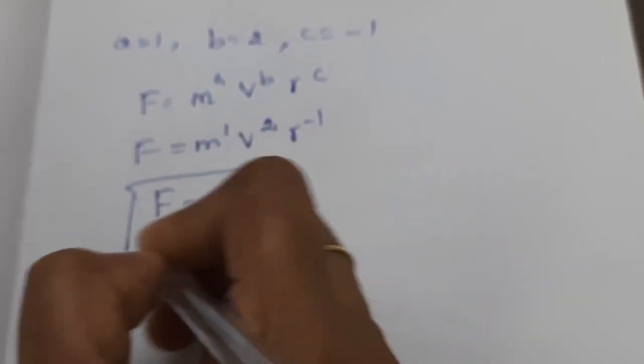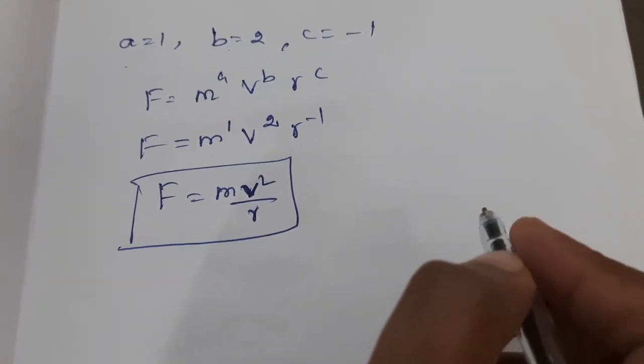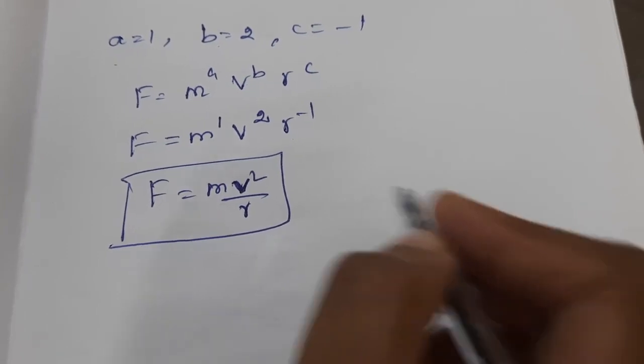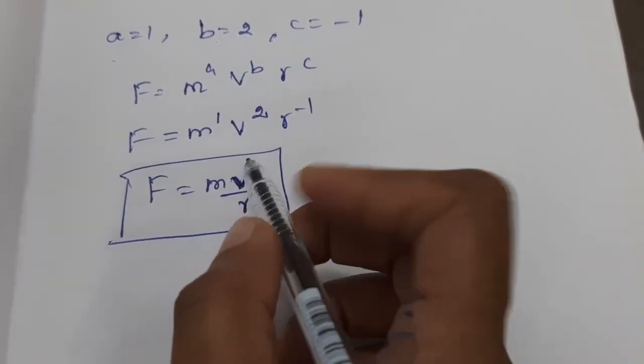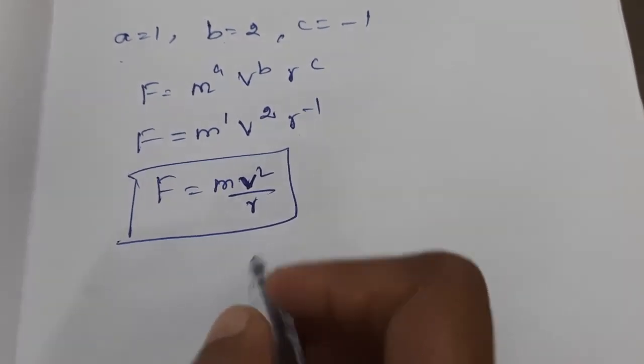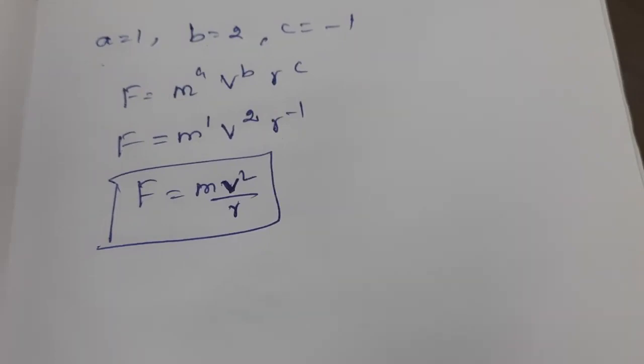So this is the expression for the force acting on a body moving in a circular path, the centripetal force F equal to m v square by r. Students, you practice these problems and learn well.